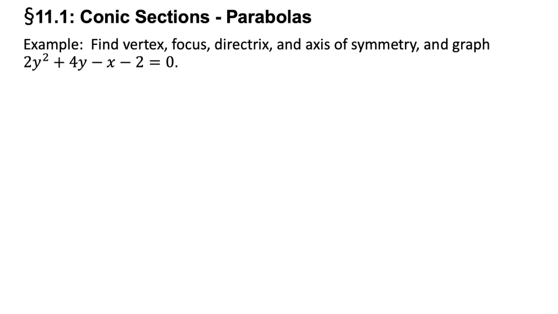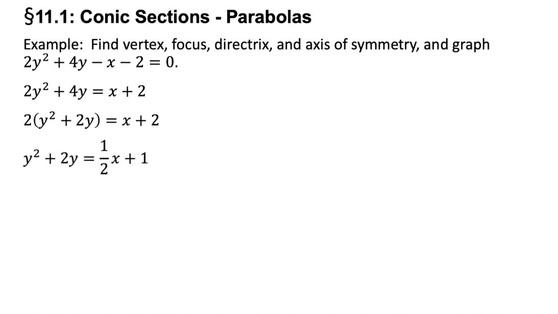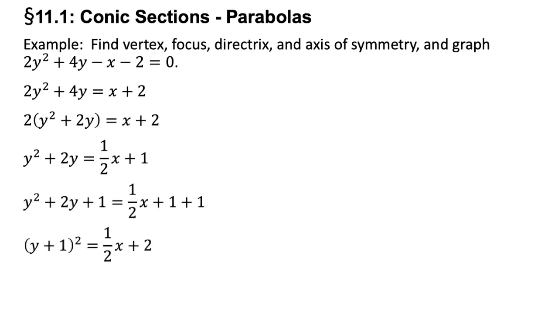In this example, we want to find the vertex, focus, directrix, axis of symmetry, and graph the parabola. First, we separate x variables from y variables. Then we pull out the leading coefficient of the squared variable and divide both sides by it. Now we want to complete the square and simplify the equation to get (y plus 1) squared equals 1/2 (x plus 4).